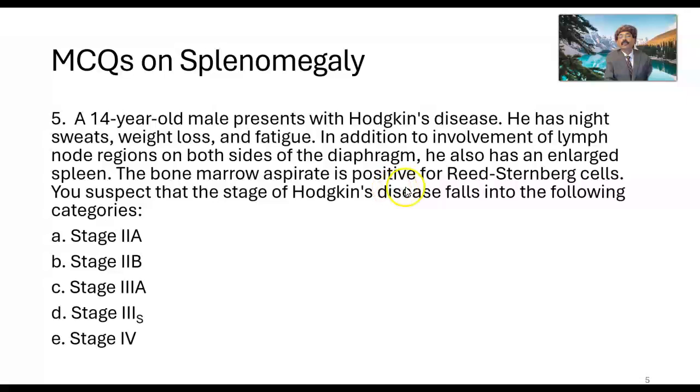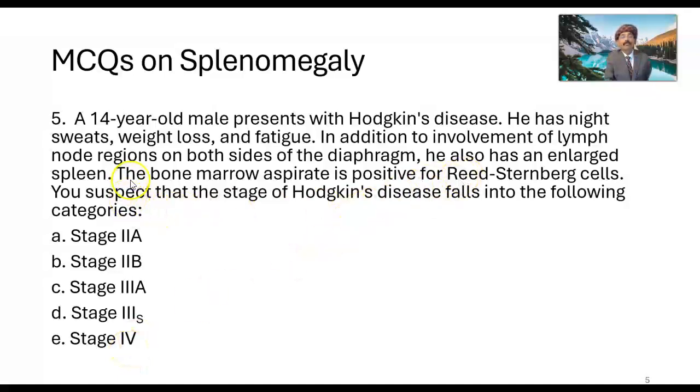The bone marrow aspirate is positive for Reed-Sternberg cell. You suggest that the stage of Hodgkin disease falls into the following categories: Stage 2A, Stage 2B, Stage 3A, Stage 3S, Stage 4. What is the choice?